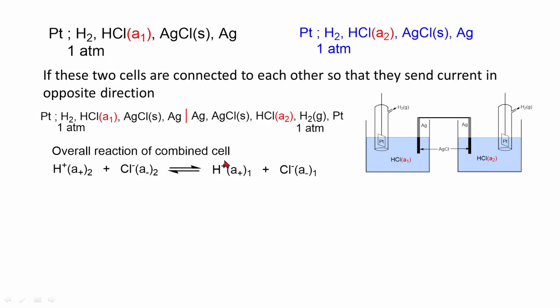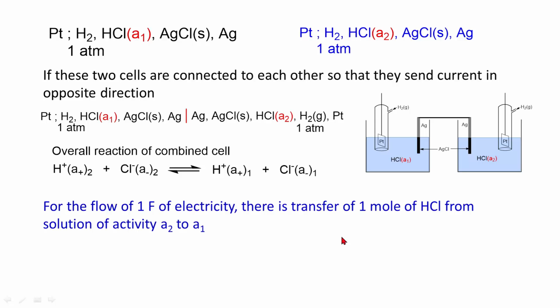the overall reaction of the combined cell will be H ion activity A2 plus chloride ion activity A2 is in equilibrium with H ion at activity 1 plus chloride ion at activity 1. For the flow of 1 Faraday of electricity, there is transfer of 1 mole of HCl from solution of activity A2 to A1.